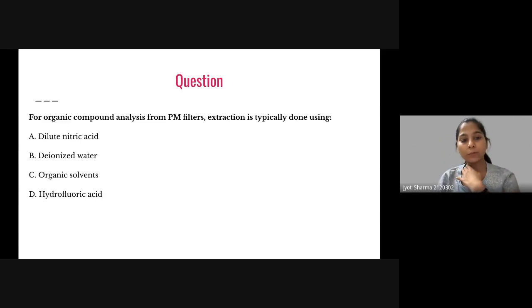Yeah, so now we are moving from particulate matter to organic compounds. We have different methods by which we can estimate the concentration of organic compounds and ions. So now we are moving a little bit to organic compound concentration measurement. For organic compound analysis from PM filters, extraction is typically done using dilute nitric acid, deionized water, organic solvent, or hydrofluoric acid.